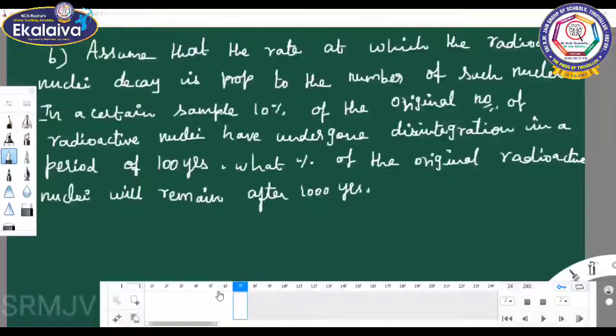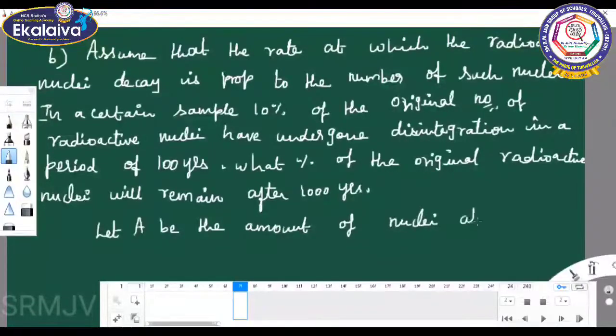What percentage of the original radioactive nuclei will remain after 1000 years? Let A be the amount of nuclei at any time t.